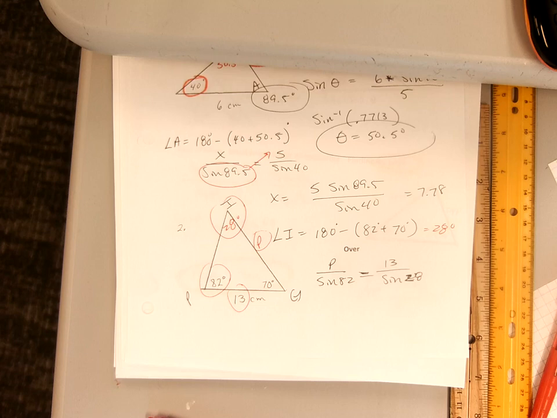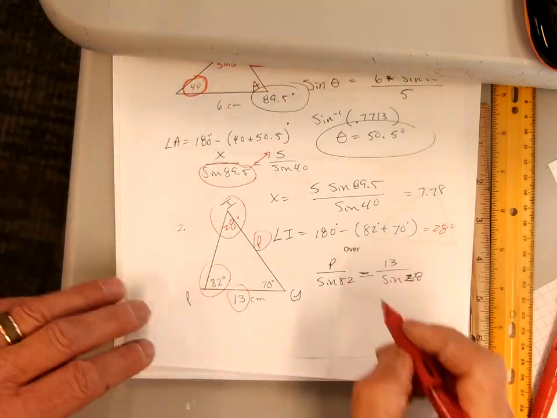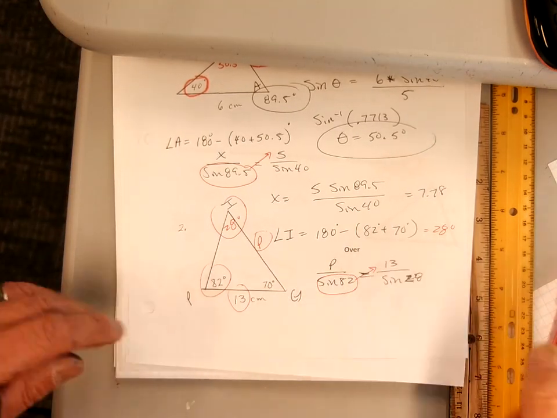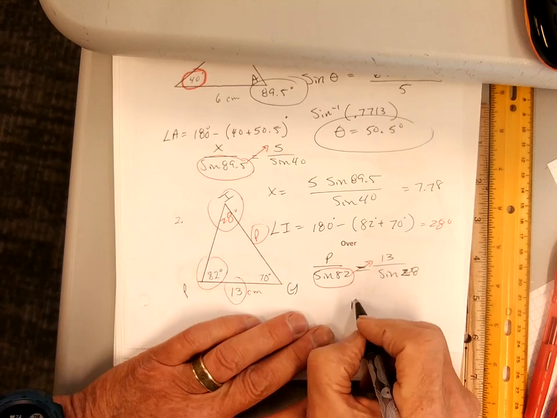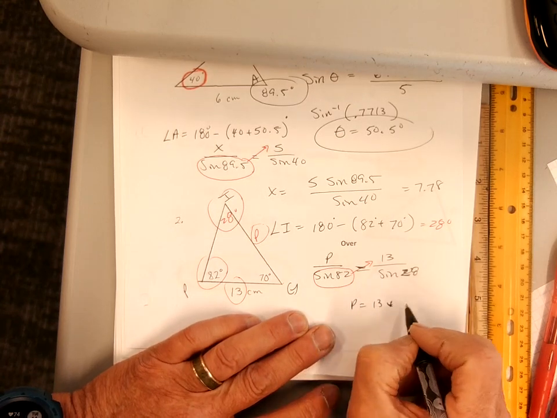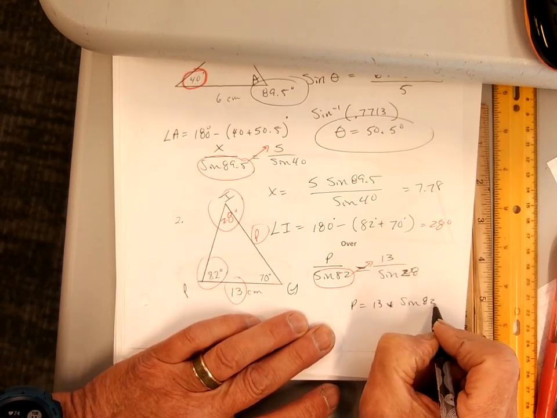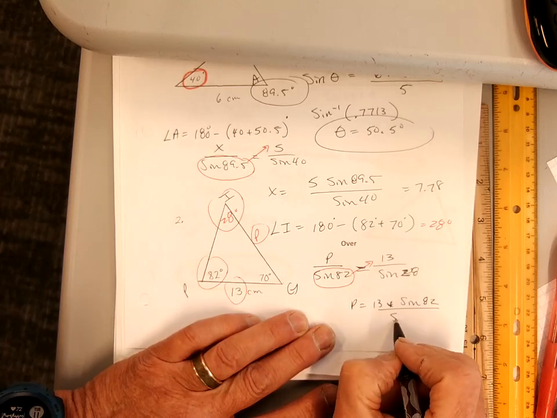Now, how are we going to solve? We're going to do the opposite. We're going to multiply. So multiply sine of 82 up here. So I'll have p equals 13 times the sine of 82 divided by sine of 28.